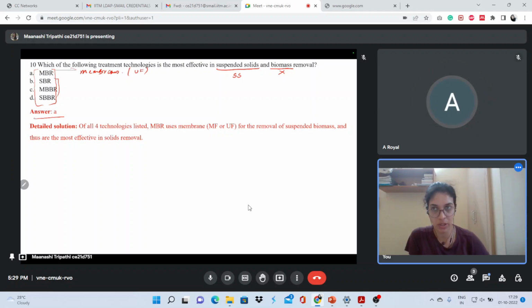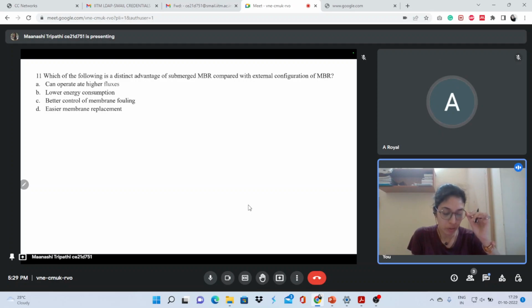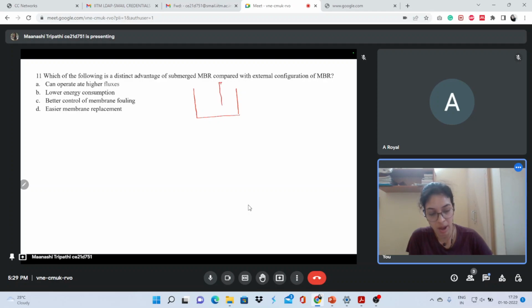Moving to the next question. Which of the following is a distinct advantage of submerged MBR compared with the external configuration of MBR? As I told you, this is your aeration tank. We can install the MBR here, or, with this as the aeration tank, we can install the MBR outside. Both things we can do.